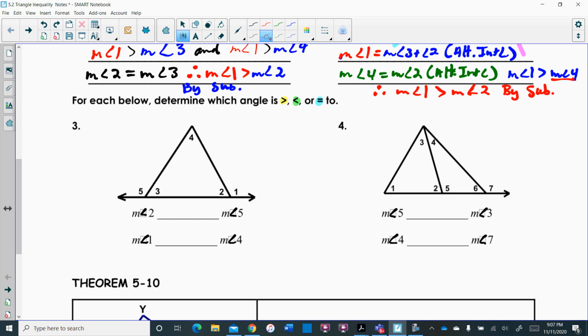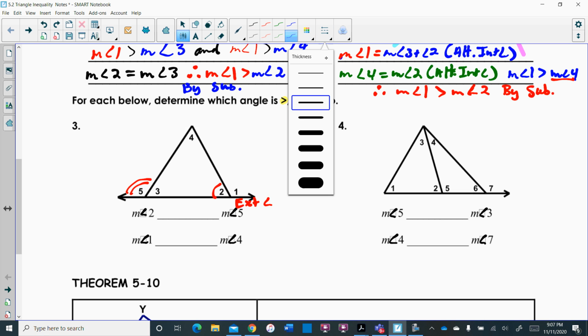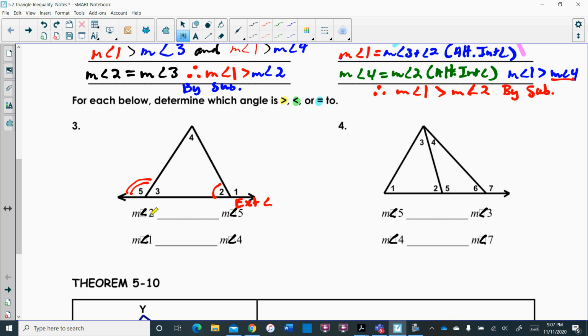If I'm looking at angle 2 and comparing it to angle 5, angle 5 is the x here, so it's going to be the bigger one. So comparing 2 to 5, the measure of angle 2 is going to be less than the measure of angle 5, because 2 is the remote interior.